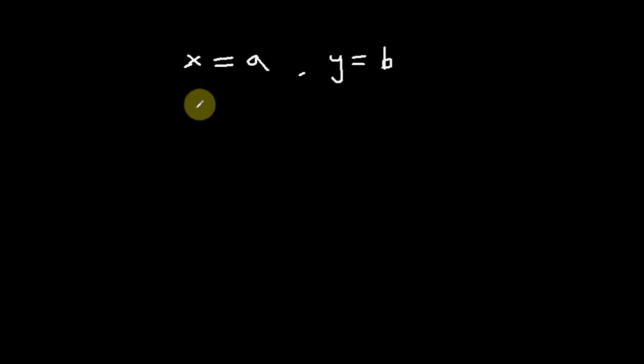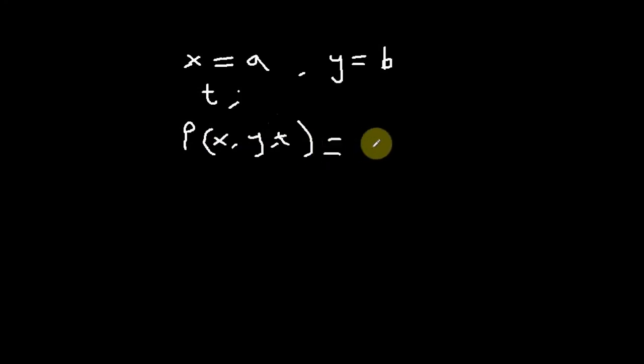This is my predicate, and I'm using a variable called t to swap the two numbers. Okay, and to swap these numbers I have to use the logic with P of x, then y and t. All three variables I have to use, and let's see how we can use that.